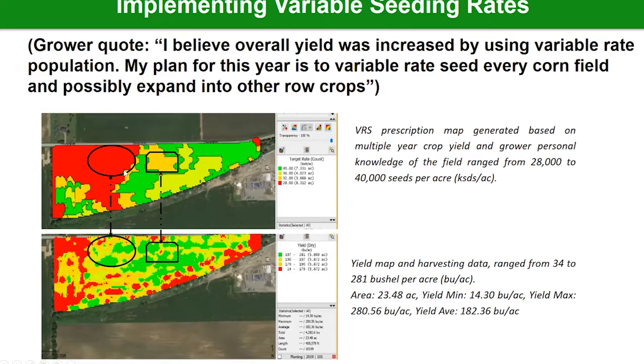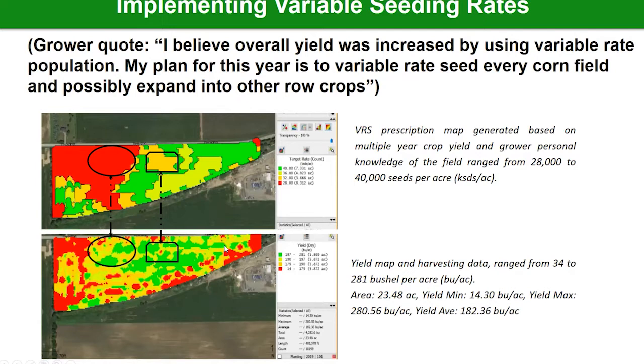But to emphasize that, we applied 28,000 because of the soil type and the information the grower had for his field. 28,000, and yield was close to 190 bushels per acre. So we planted 28,000, we got 190. But here we planted 40,000 and we got, just like that, 190.